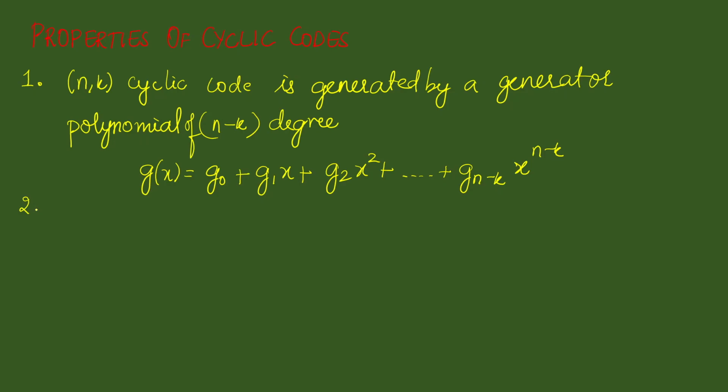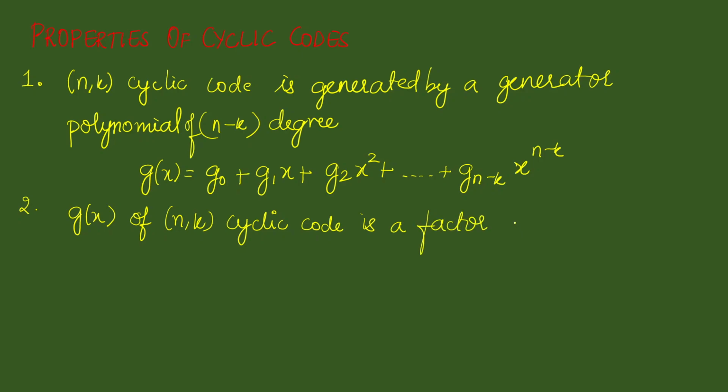Having said that, the second property is that the generator polynomial g(x) of an (n,k) cyclic code is a factor of another polynomial, which is x raised to n plus 1.